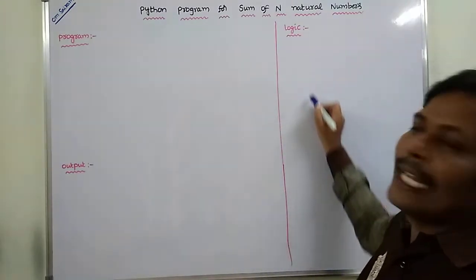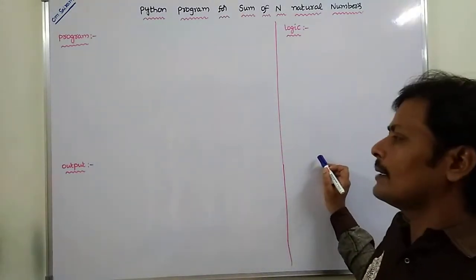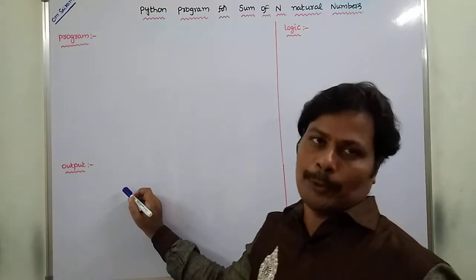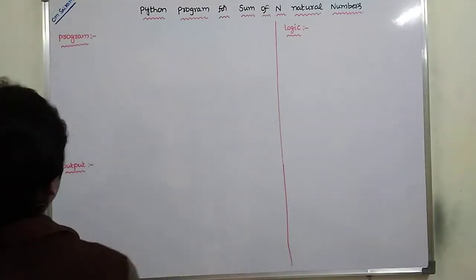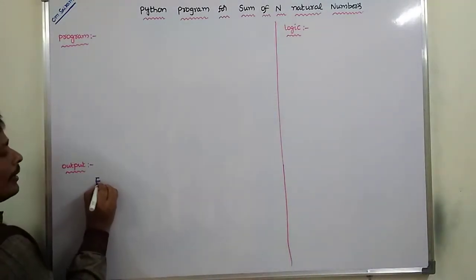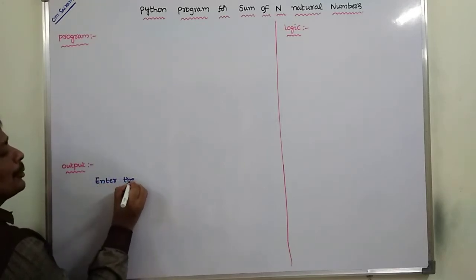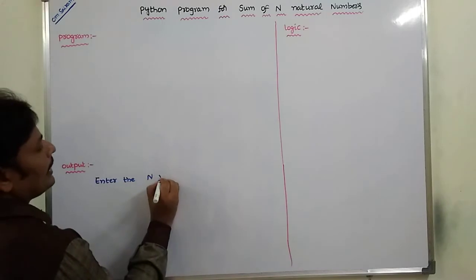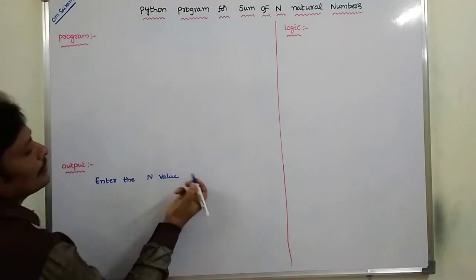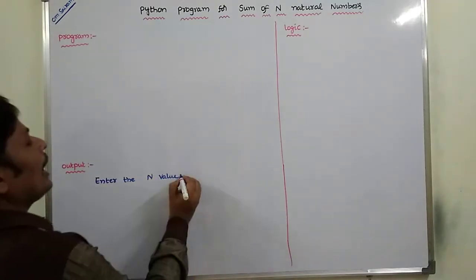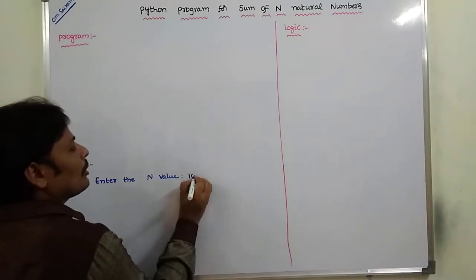Then I am explaining the logic step by step. Then I have to write the output. Okay. First, enter the n value. I am giving n value is equal to 10.